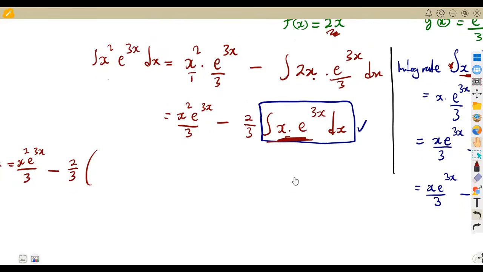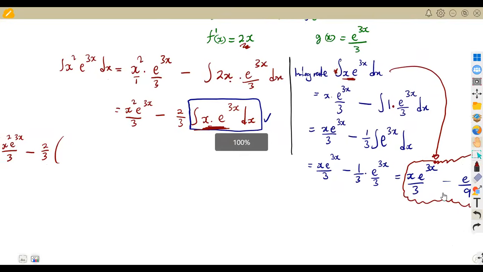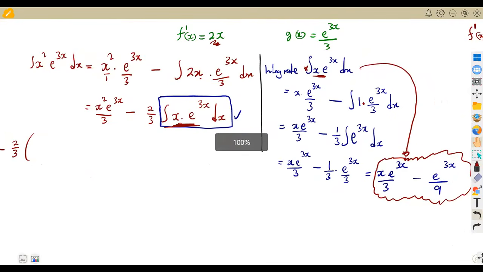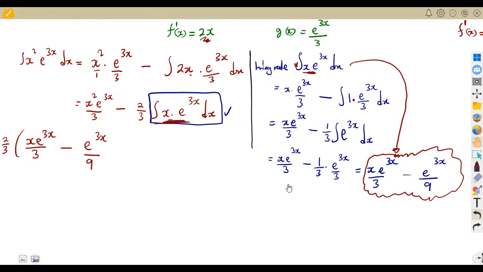Remember, when we integrated, this is what we got here on this side. So you're just going to write the answer that we got here as it is. So we got x times e to the exponent of 3x over 3 minus e to the exponent of 3x over 9. This is what we got, isn't it? Yeah, this is the whole part that we got.